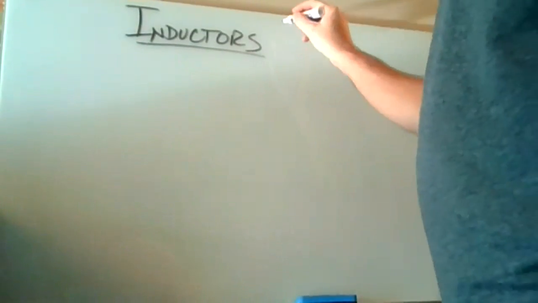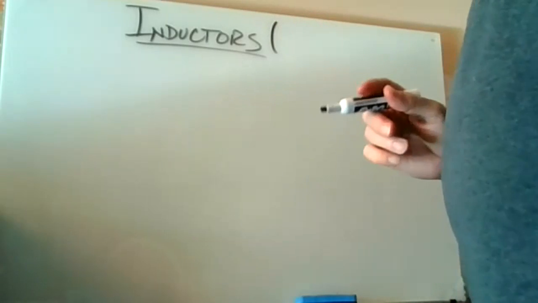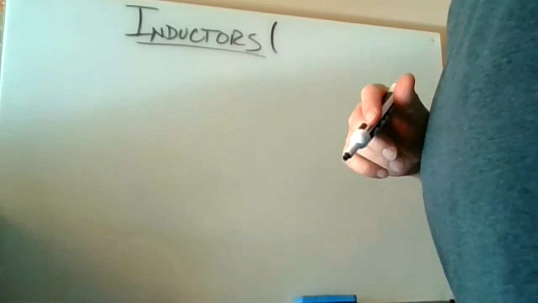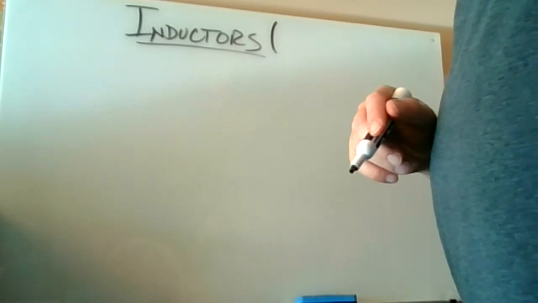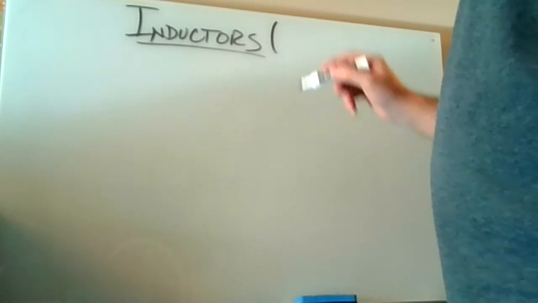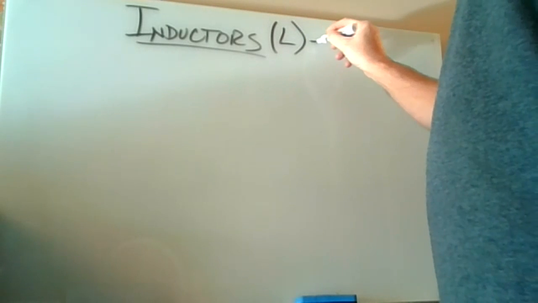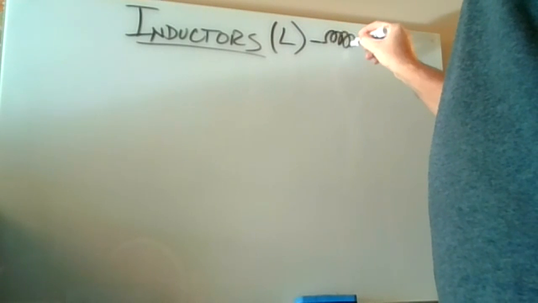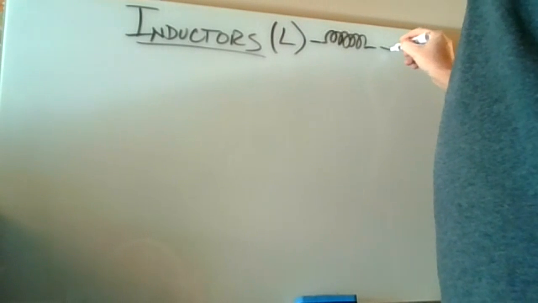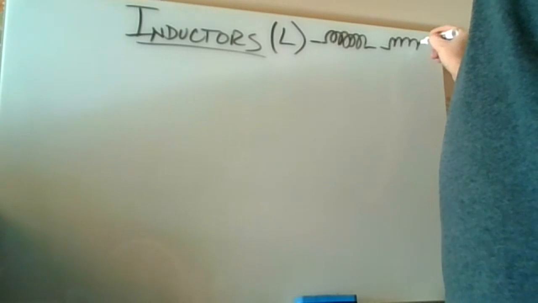Okay, so the next thing we're going to put in our circuit are these nifty little things called inductors. How do we represent an inductor? Well, I don't use I because I is what? Current. I is current. So they're represented by an L. And the schematic symbol, you'll see it like this, like a little coil, or a lot of times I just draw it like this.